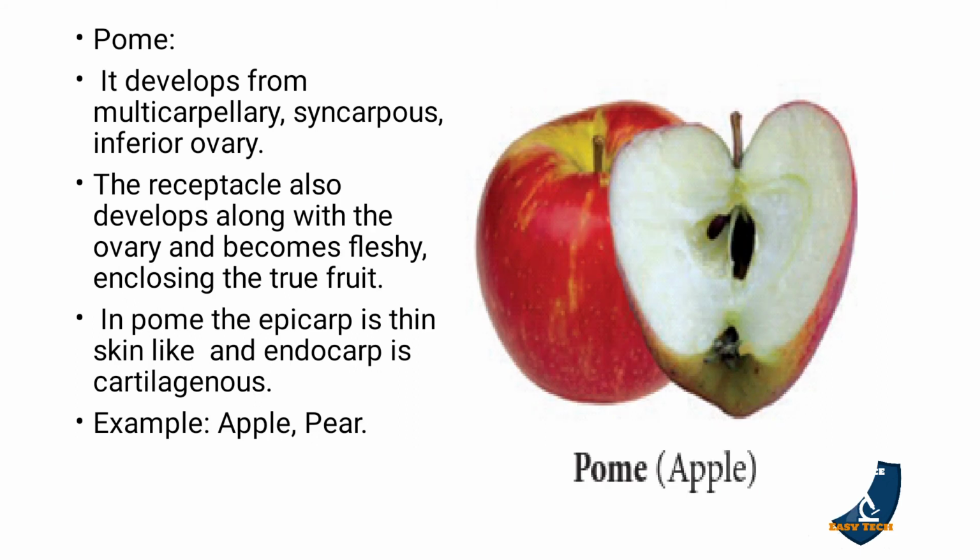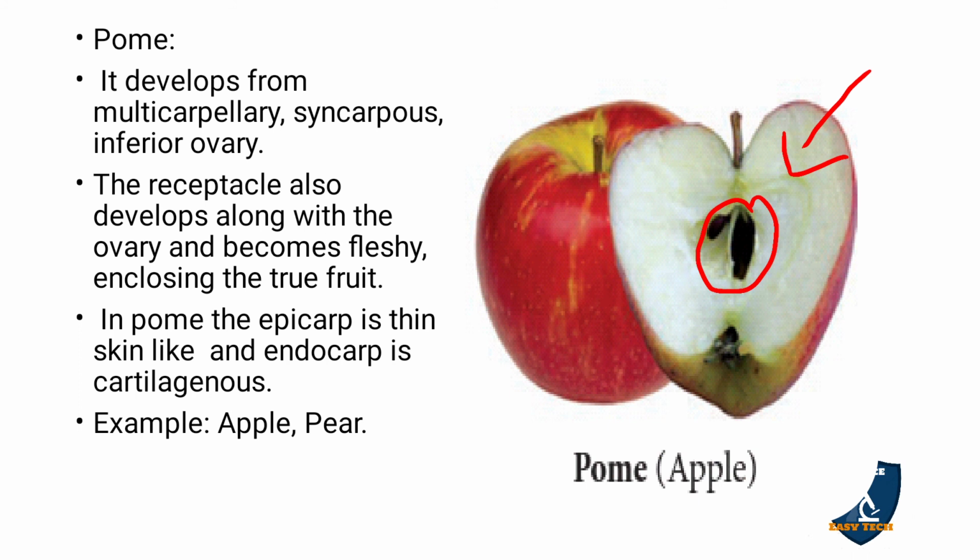Pome. Example, apple and pear. Pome is a false fruit, a pseudocarp or pseudofruit. It develops from a multicarpellary syncarpous inferior ovary. Here the receptacle develops along with the ovary. This edible portion, called the thalamus, becomes fleshy and develops into the fruit, and the real fruit is in this portion.